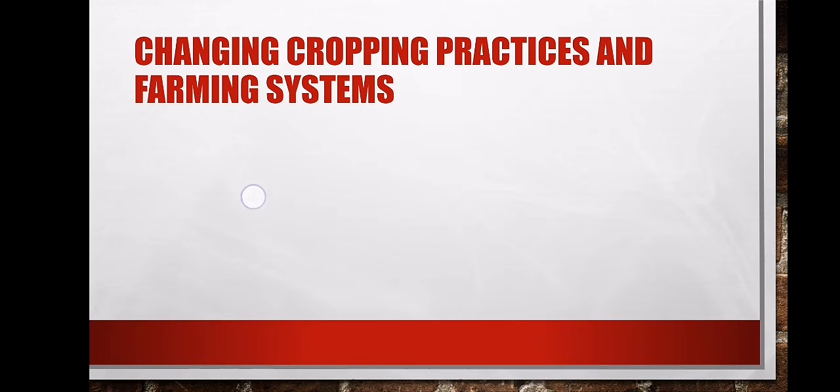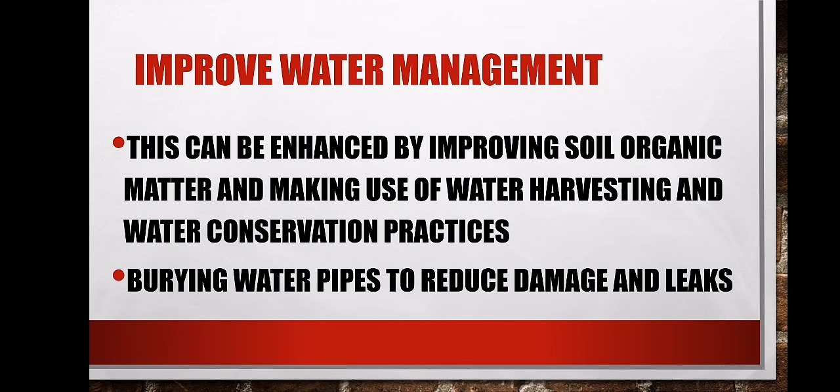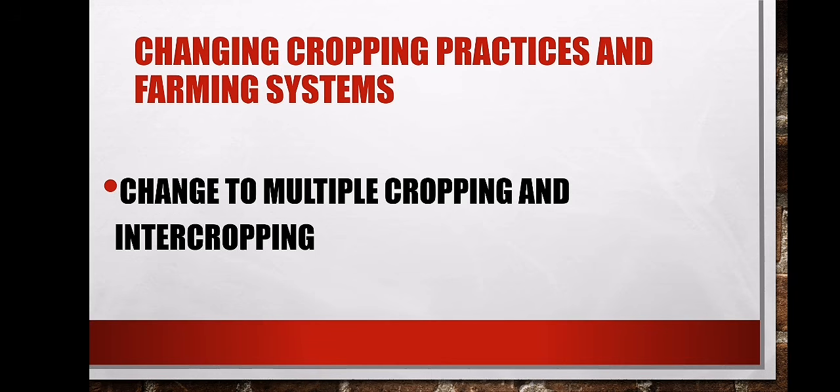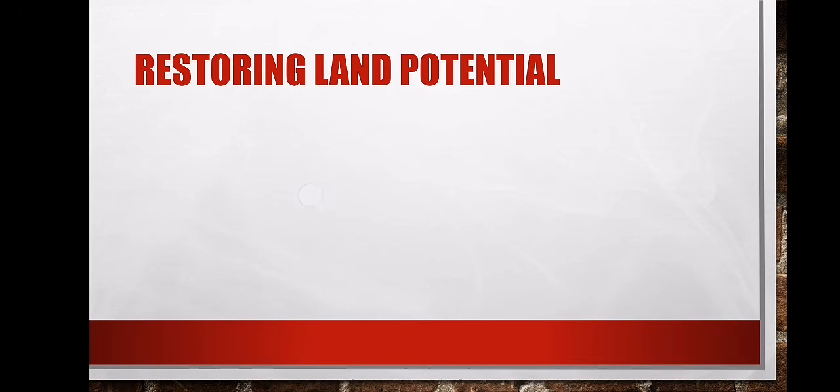You also have intercropping, whereby you plow two crops at the same time. Maybe you have your maize and you also have beans at the same time. You change the cropping practices and farming systems.